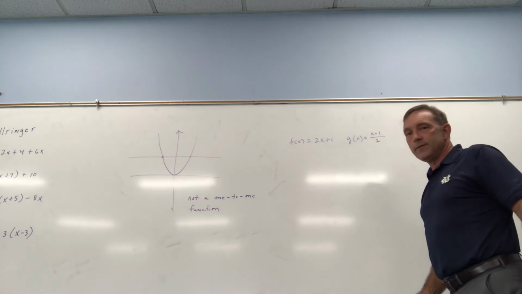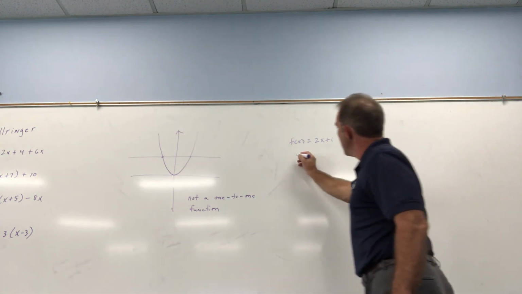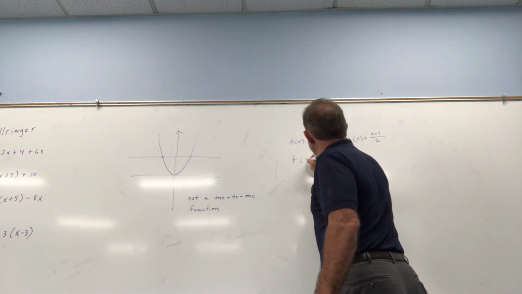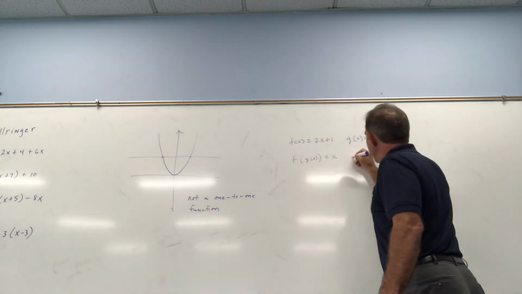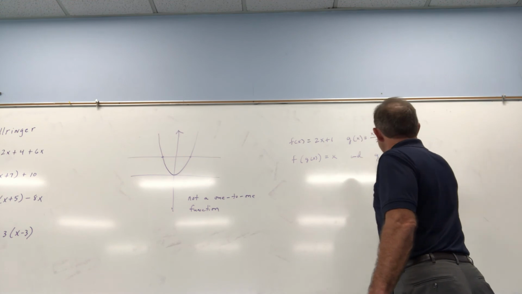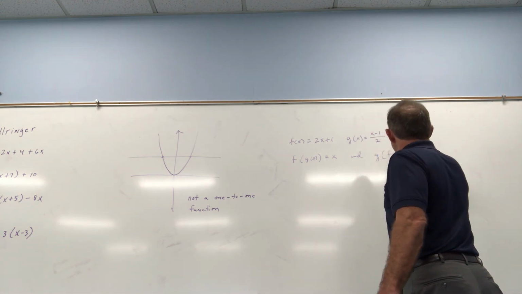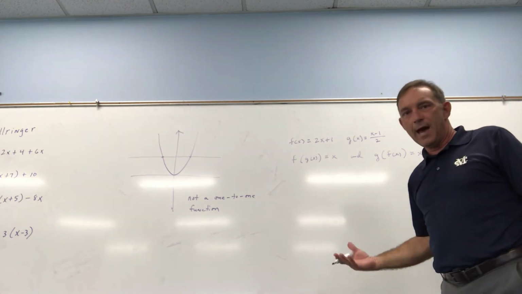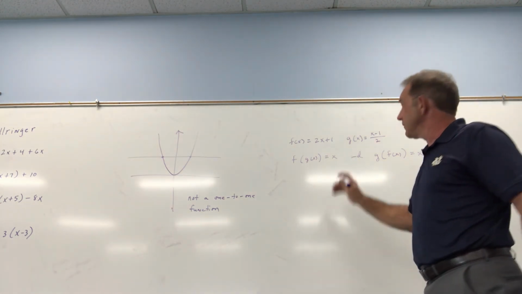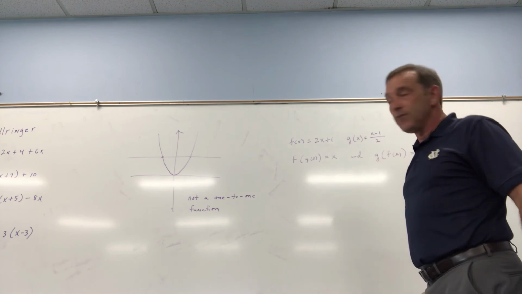Now, to show it algebraically, what we want to show is that f of g of x just turns out to be x, and that g of f of x also just turns out to be x. Both of those things happen, and we've shown algebraically that these are, in fact, inverse functions.